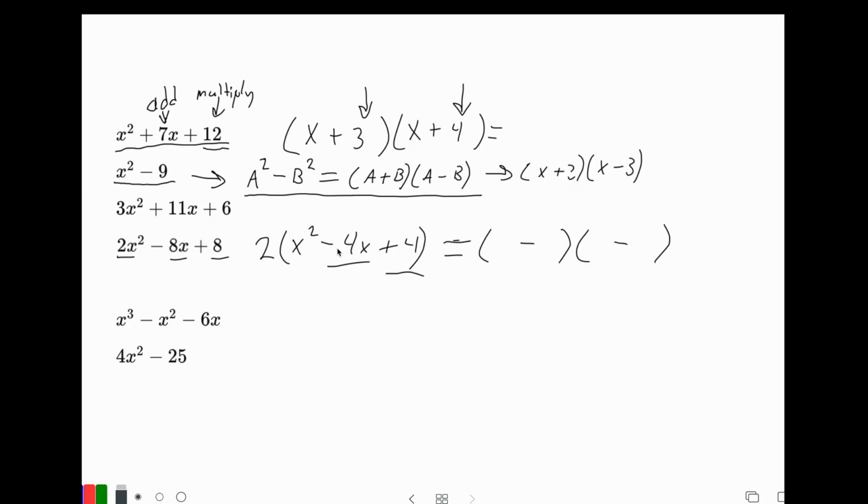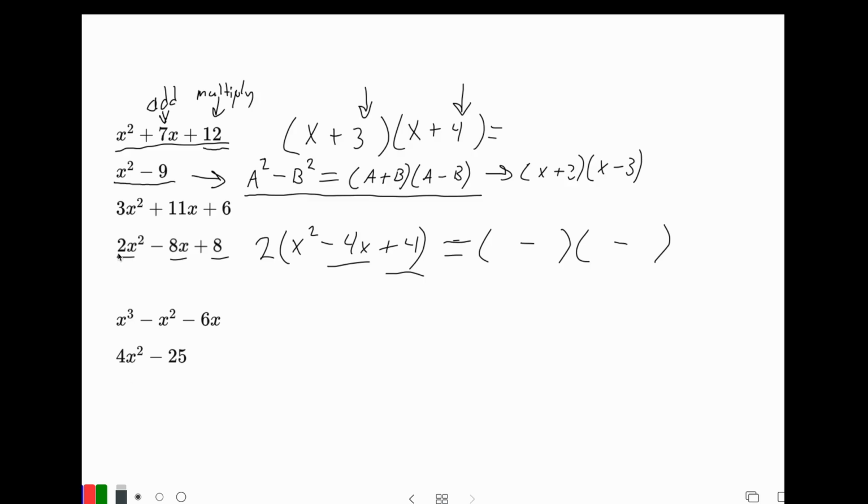Because if they add to get a negative number but multiply to get a positive number, there has to be at least one negative number, because it can't add to a negative number if it's only positive numbers. And if there's at least one negative number and you multiply them to get a positive number, that means they're both negative, because a negative times a negative equals a positive. So just using that logic, if you ever see a negative followed by a positive in a polynomial, you know that both terms are going to have a negative in them.